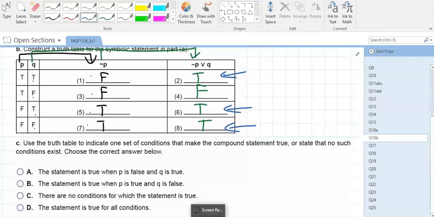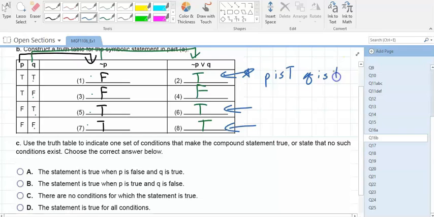So what are the conditions that make this one right here true? What do we know about P and Q? Both have to be true. P is true. Q is true. What were the conditions for the third row?